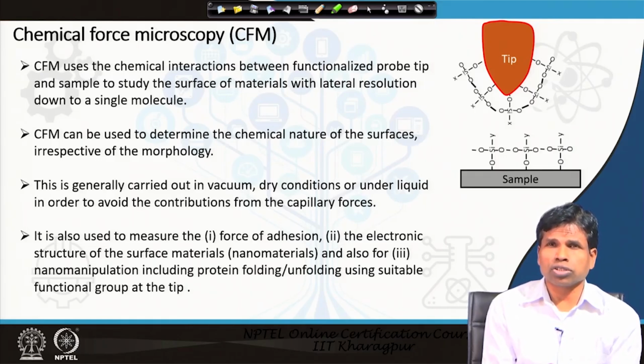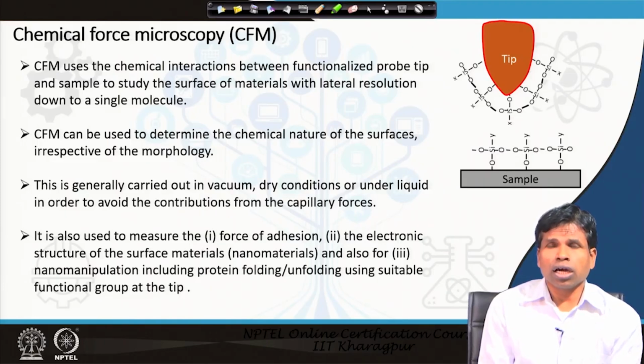Using a suitable functional group, we can differentiate which nanotube is semiconducting and which is metallic, because there is a chemical force of interaction that depends on the availability of electrons at the surface, and thereby on how a particular functional group behaves on a particular type of surface.